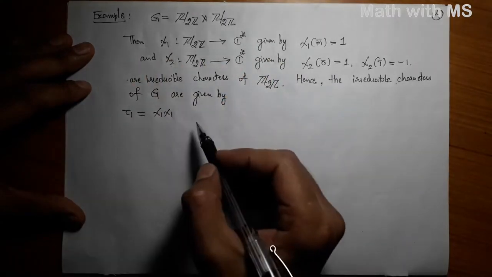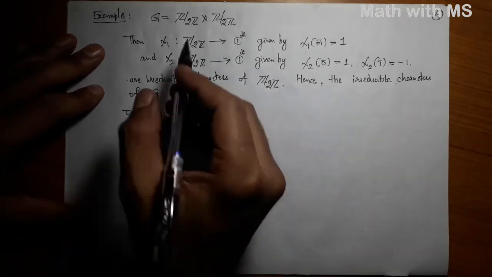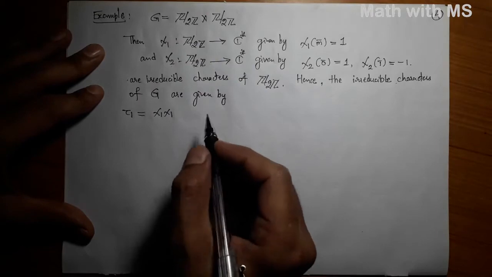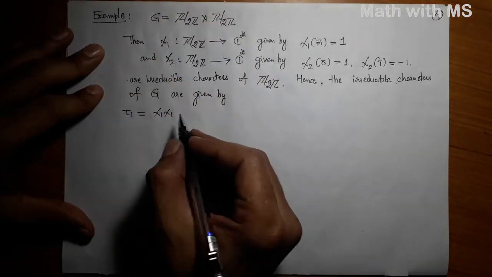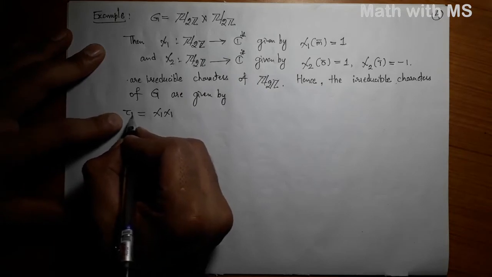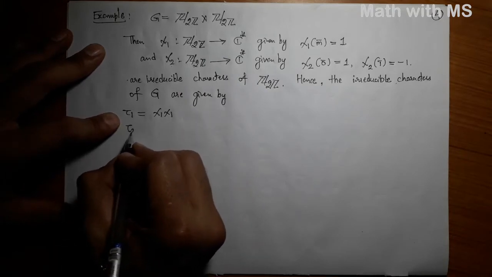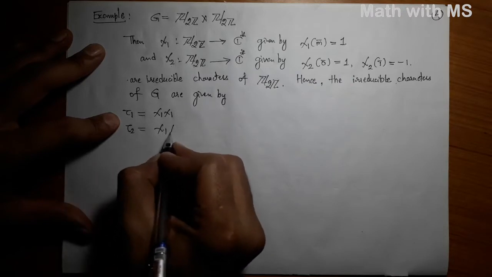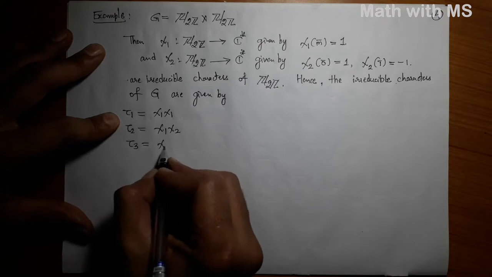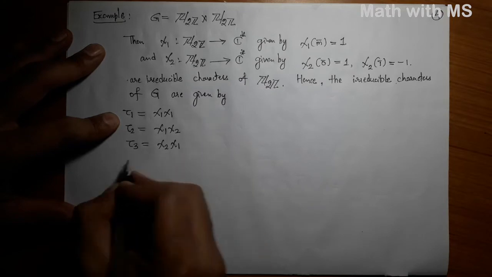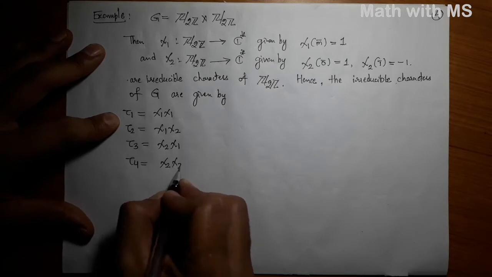So by the preceding theorem, the irreducible characters of the group G, which is the product of two copies of Z mod 2Z, are given by all possible products of chi i's, right? So take tau1 to be chi1 chi1, tau2 to be chi1 chi2, tau3 to be chi2 chi1, and tau4 to be chi2 chi2.